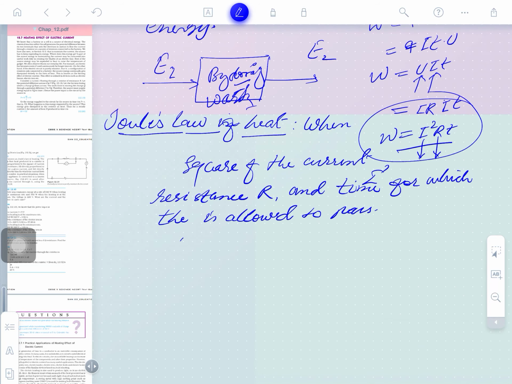Is that clear? Mathematically, H is proportional to I square R T.